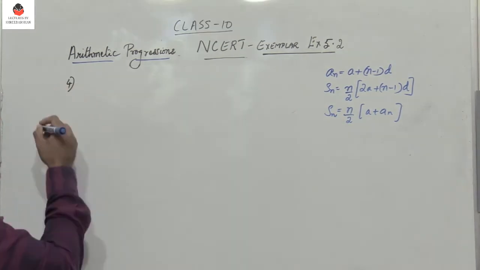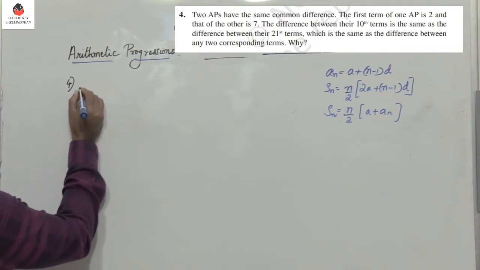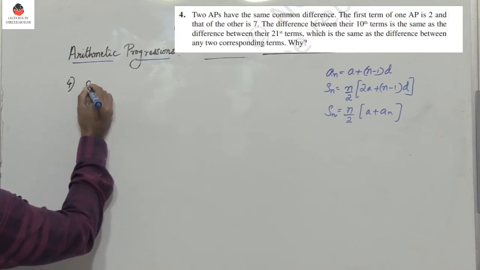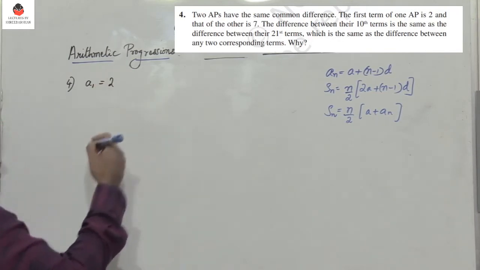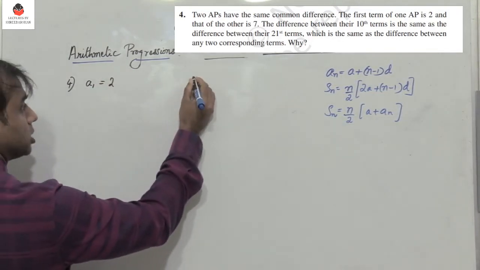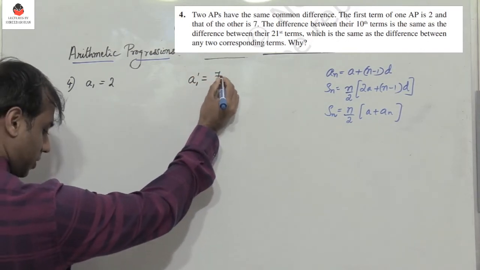Question 4. Two arithmetic progressions have the same common difference. The first term of one AP is 2. So I have two arithmetic progressions. So the first term of one of the AP is 2 and the first term of the second arithmetic progression, let me call this as A1 dash, is 7.